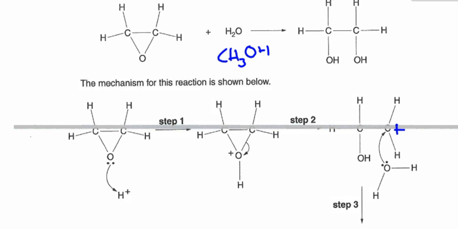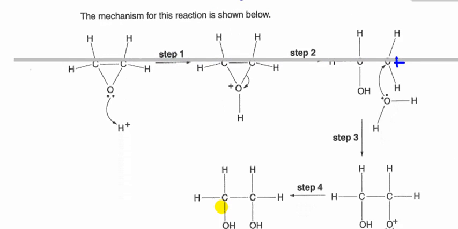So all I would do to answer this question is look at my mechanism again and think, right, here instead of water I'm using methanol. So what I'm going to write over the top of that H is CH3. It's the same thing that's going to happen because I've still got that OH group with its lone pair, but instead of having just one H, I've got CH3. So here again, I can overwrite CH3.